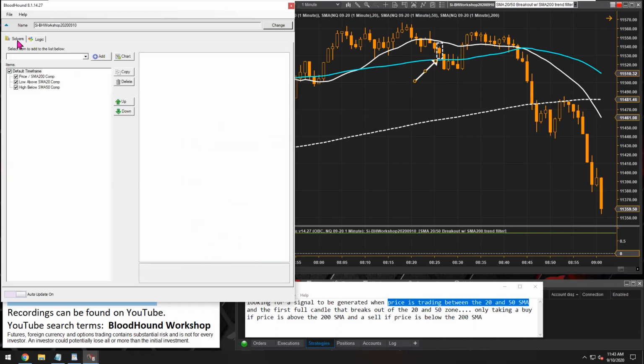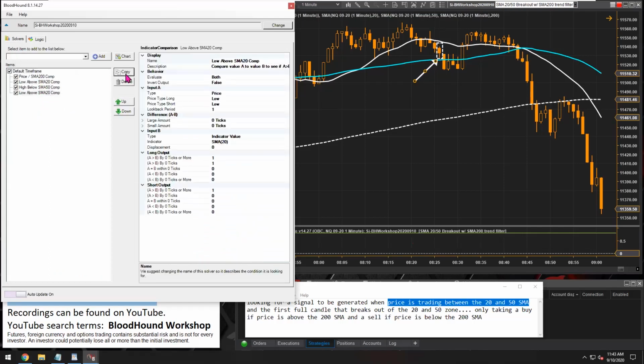So what I'm going to do, as a little shortcut, is grab these solvers and make a copy of them. There we go. So I made some copies here, and now I can modify the copies. I'm going to change the name. Now we're looking for the low to be above the 50. As we see here on my chart, if the bar is in the middle, in between the 20 and the 50, then the low price is above the 50.